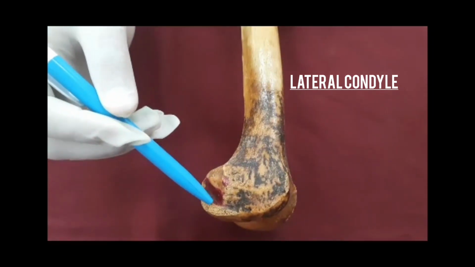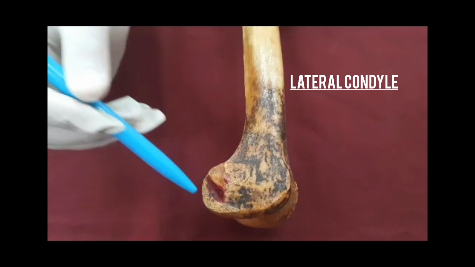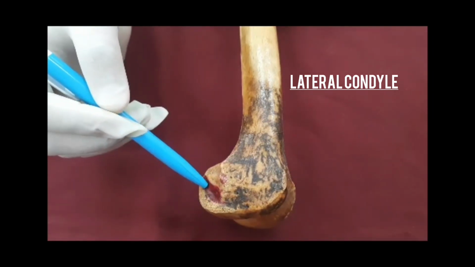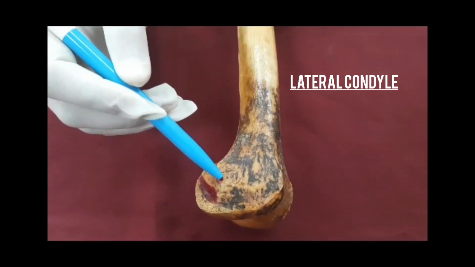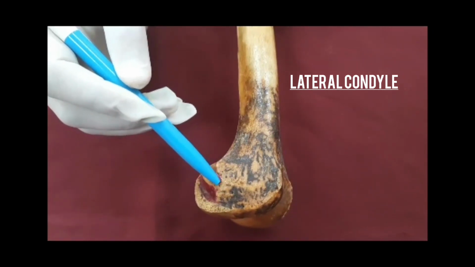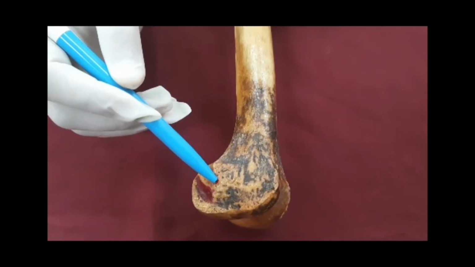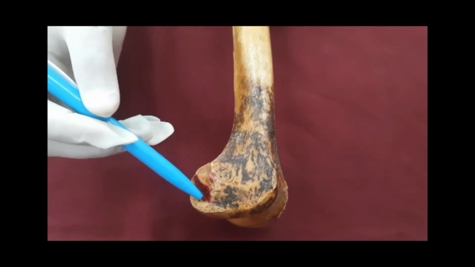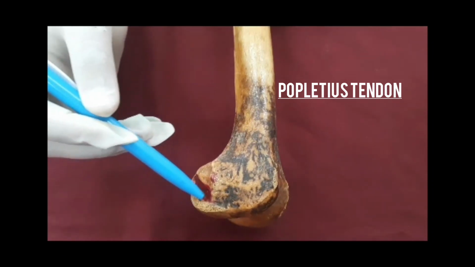Just below that there is a groove known as popliteal groove, which is deeper in the anterior aspect and shallow in the posterior aspect. This lateral epicondyle will give attachment to the fibular collateral ligament of the knee joint, while in the anterior deep part of the popliteal groove there will be attachment of the popliteus tendon.